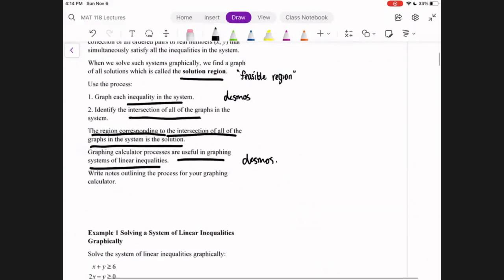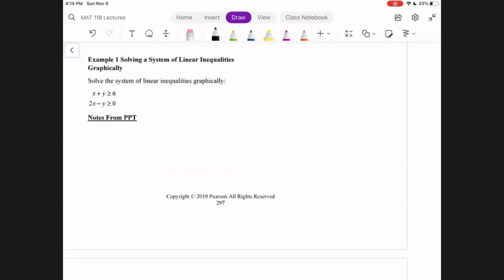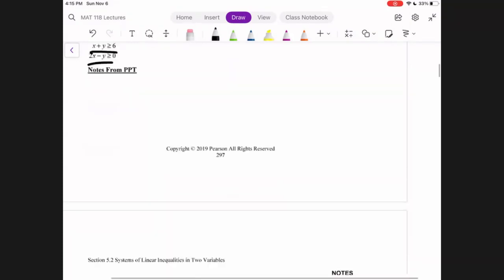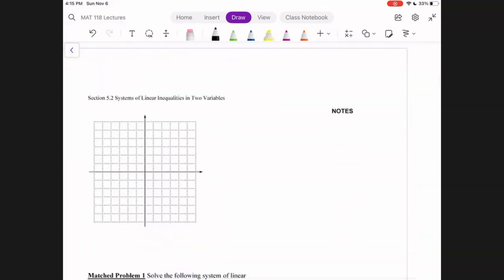So let's look at this first one here. We want to solve this by doing it graphically. There's a few things you could do here, and let's type these in Desmos and then look at the graph.